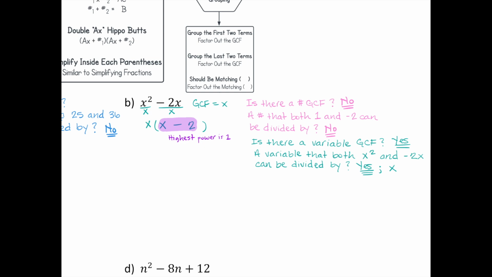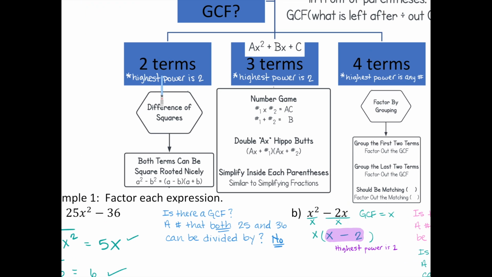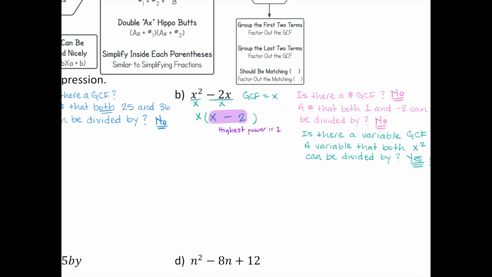The factoring only happens if your highest power is 2. So because our highest power is 1, we are done factoring, which means the final answer when we ask to factor this is x multiplied by x minus 2.